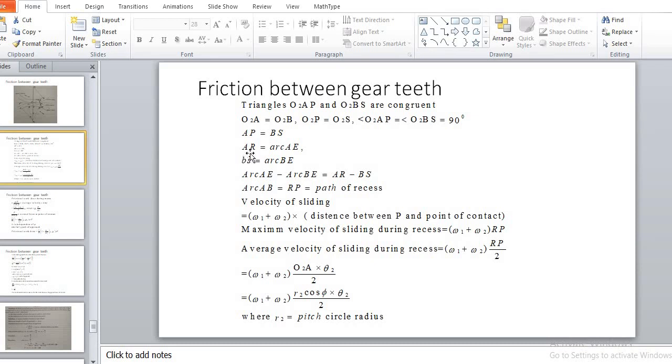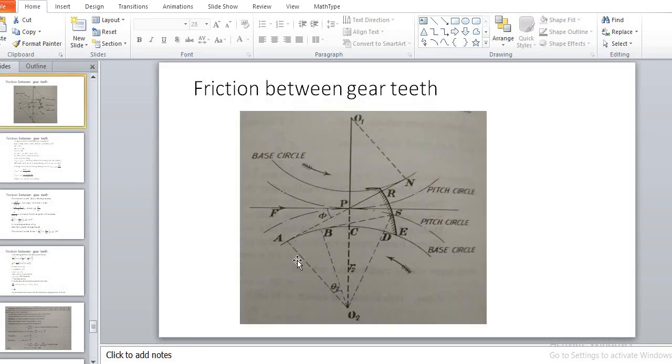Now this AR value is nothing but the arc AE.